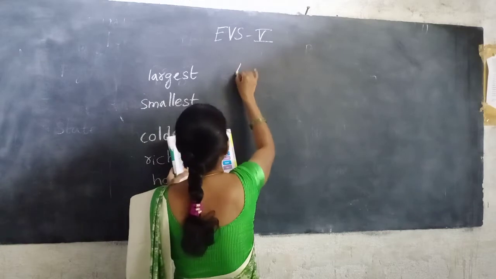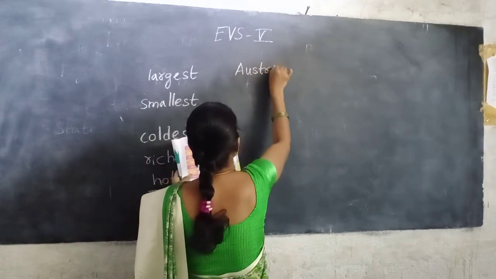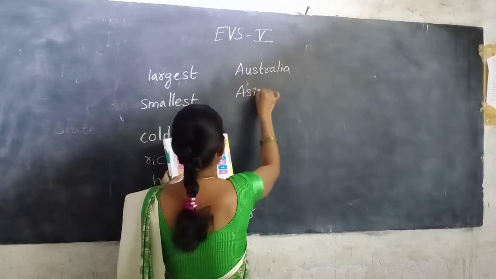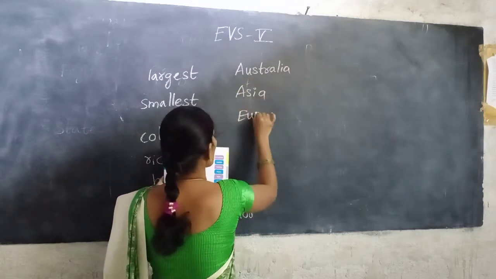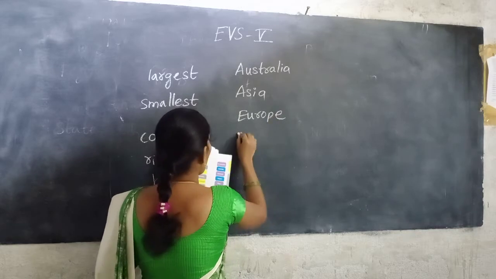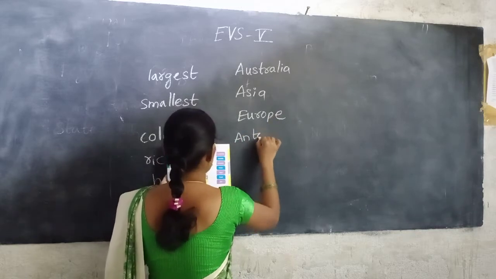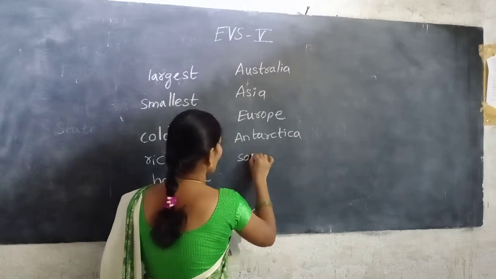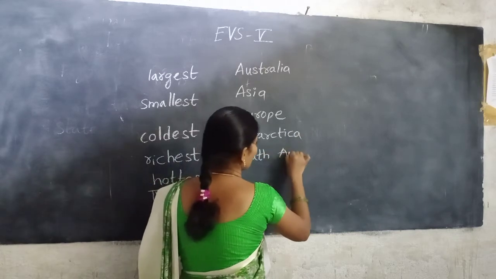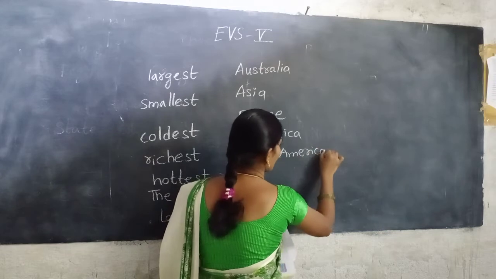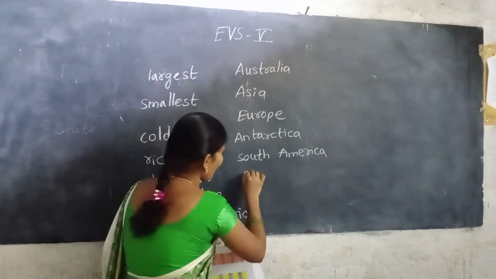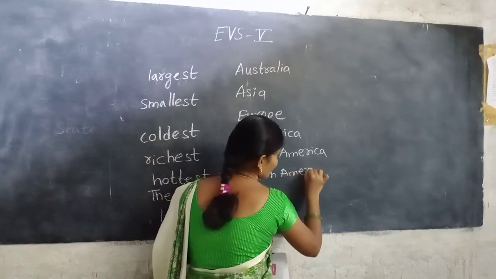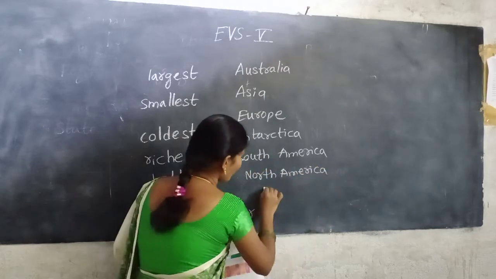Here continents are given: Australia and Asia, Europe, Antarctica, South America, and North America, Africa.